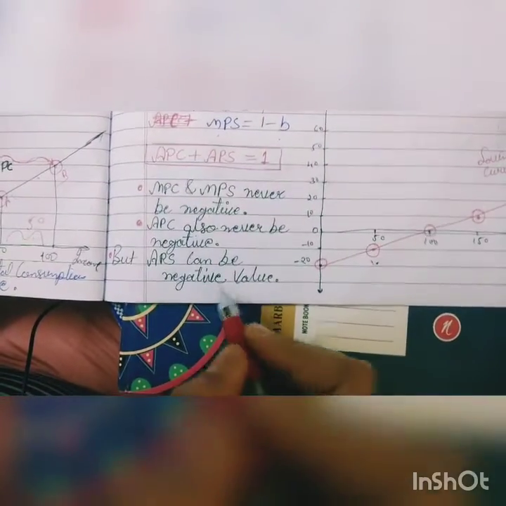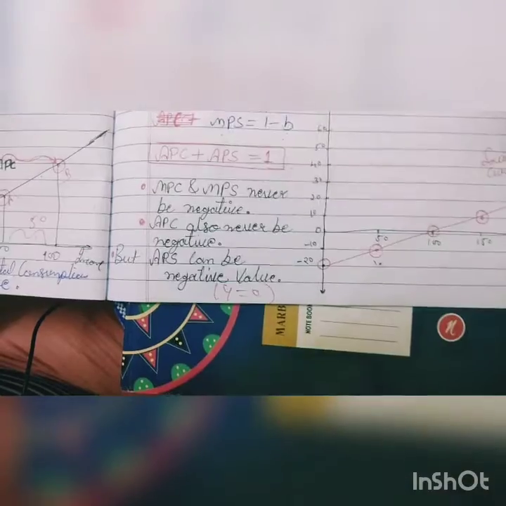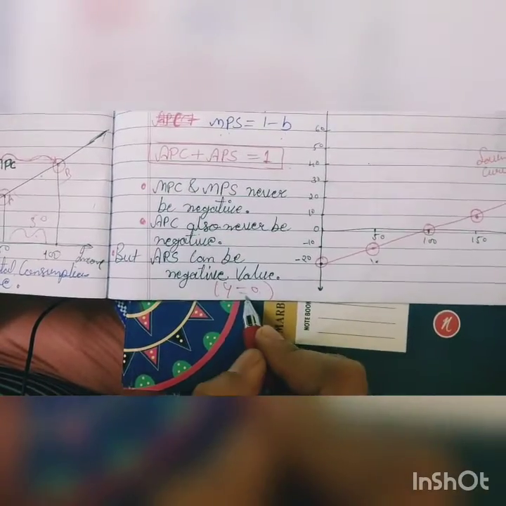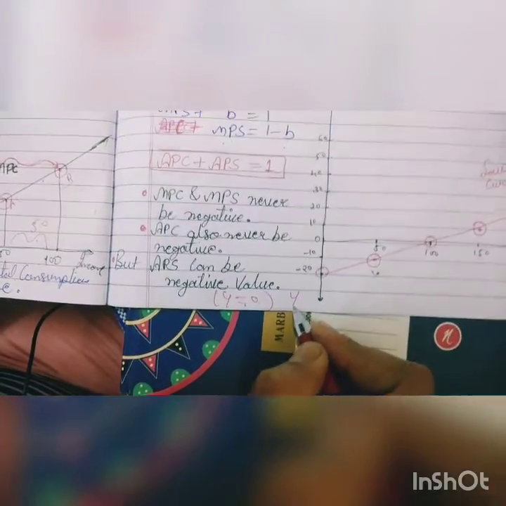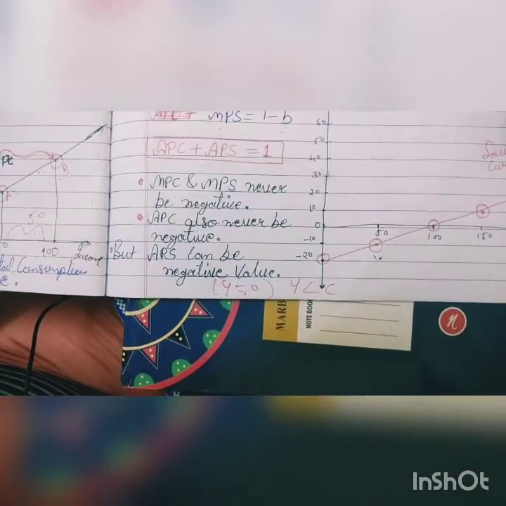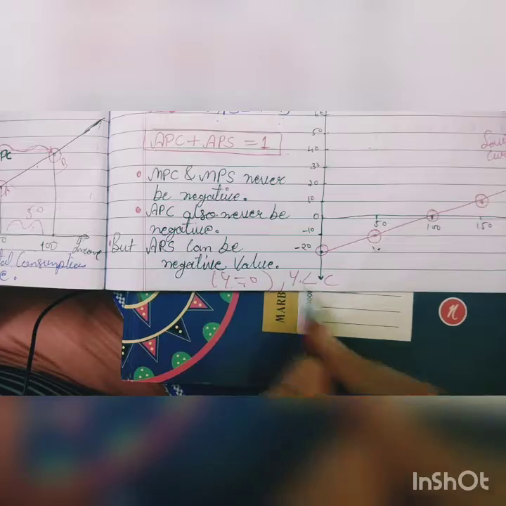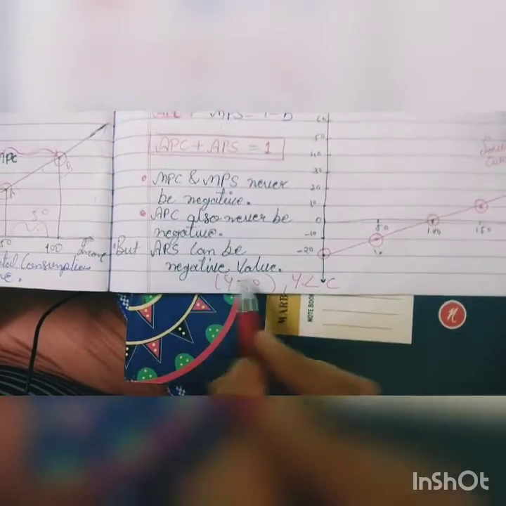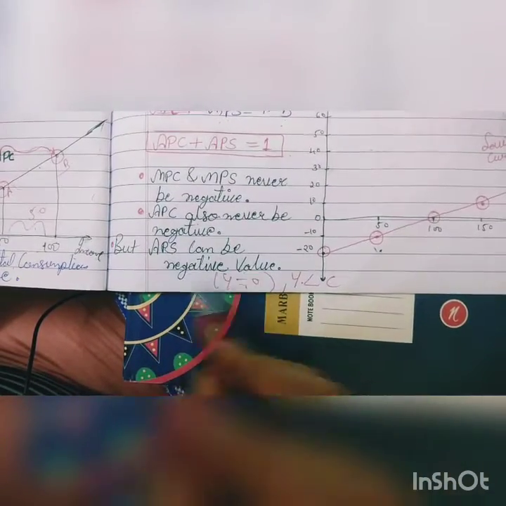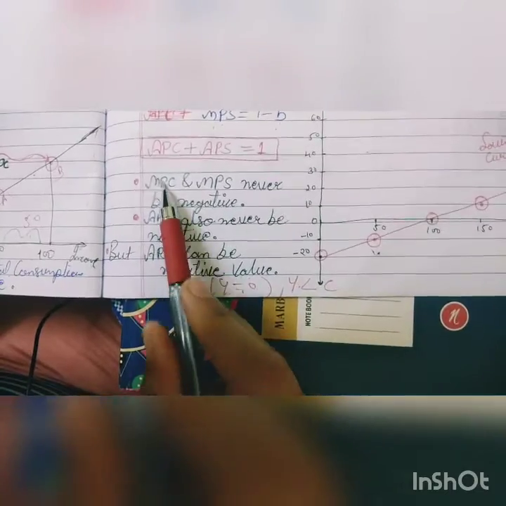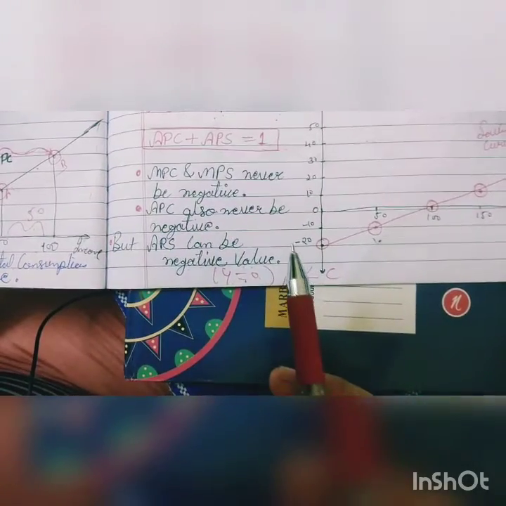In which situation? When income is 0, or when income is less than consumption. In these two situations saving is negative. That's why APS can be negative, but APC, MPC and MPS are never negative.